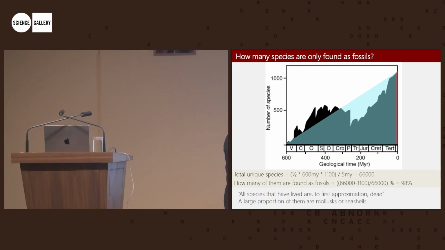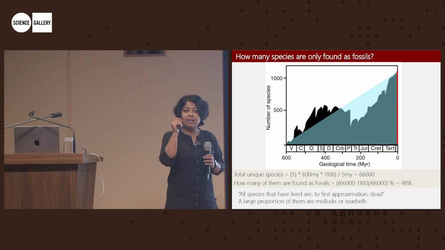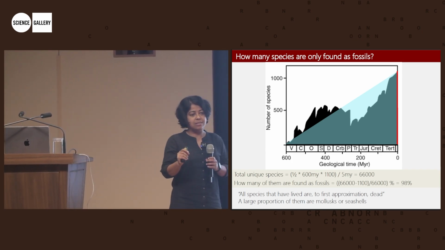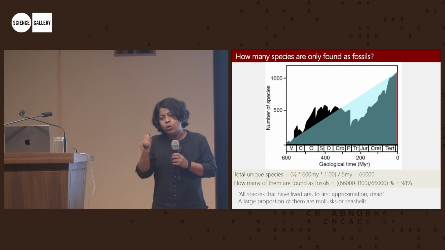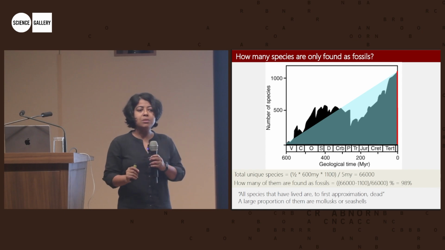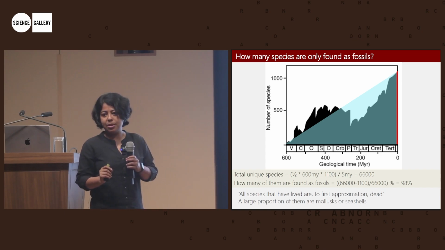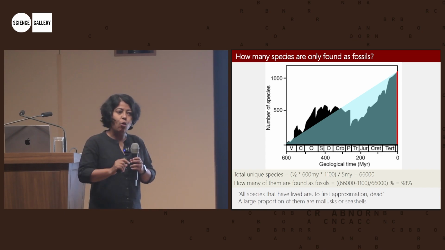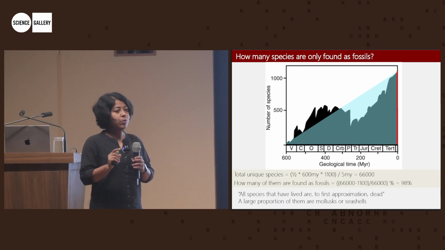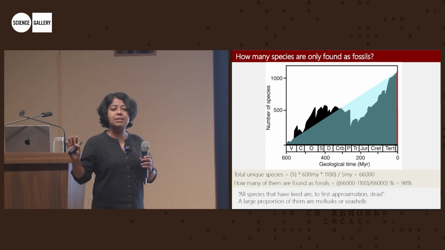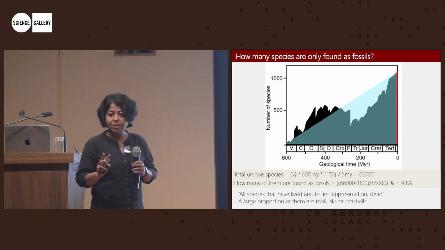The number of species that are represented only by fossils comes out to be 98%. So essentially, all our understanding of biology, if we focus on biology of today, all the things that are living, we are going to get fantastic understanding of 2% of the total biology.